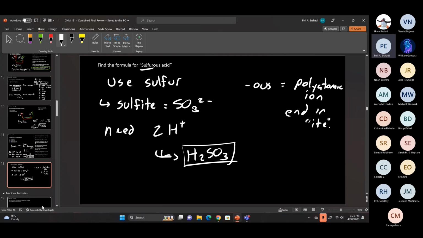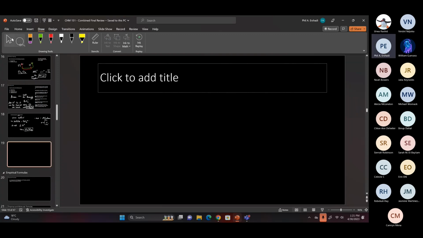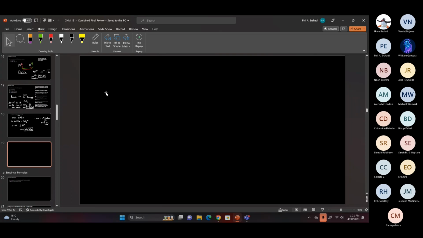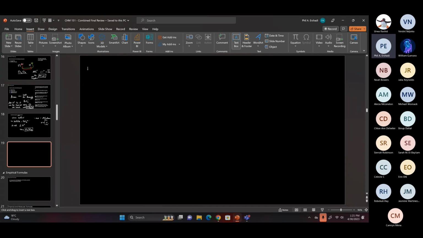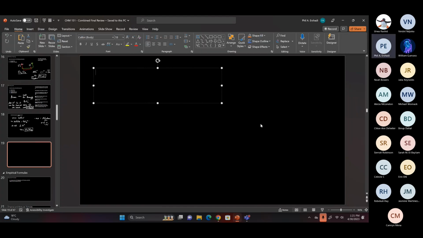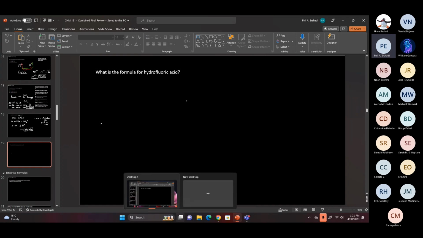So now hydro. Remember we said hydro was something of an edge case. So here's a hydro example. Get a new text box. So what is the formula for hydrofluoric acid? So your clue here is that hydro means it is probably not polyatomic.